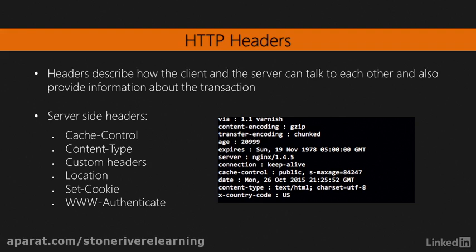Location is used for redirections. Whenever there is a 301 or 302 response, the server must send this header. Set-Cookie is the header used to set a cookie in the user's browser. WWW-Authenticate. This header is used by the server to request authentication. When the browser sees this header, it will open a login window asking for the user name and password.